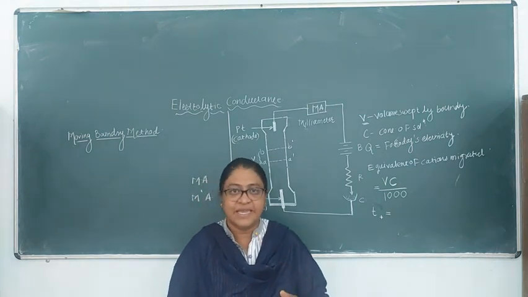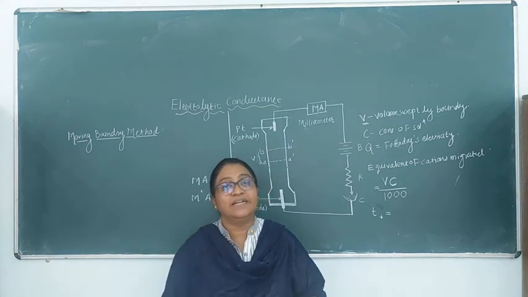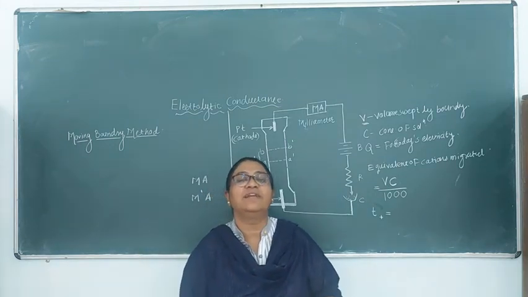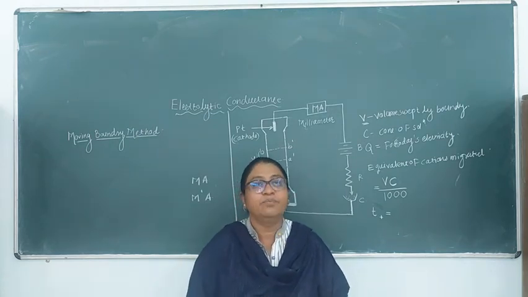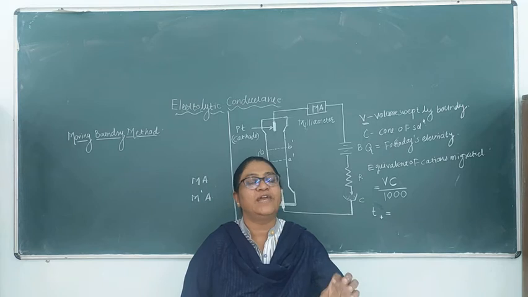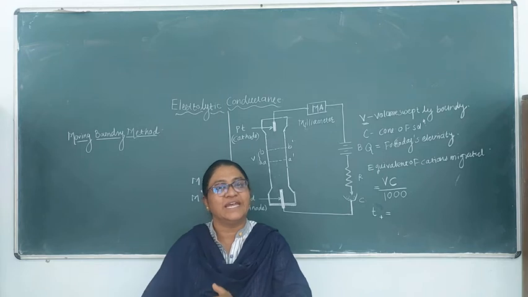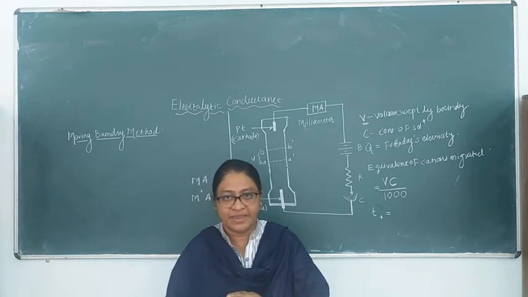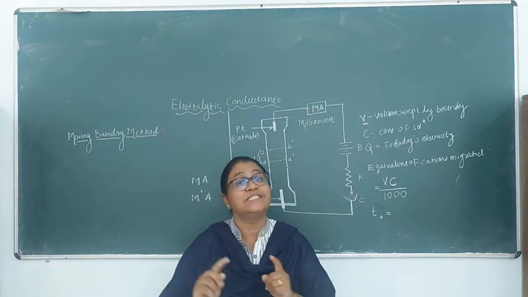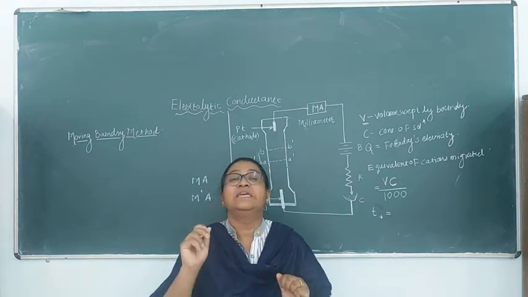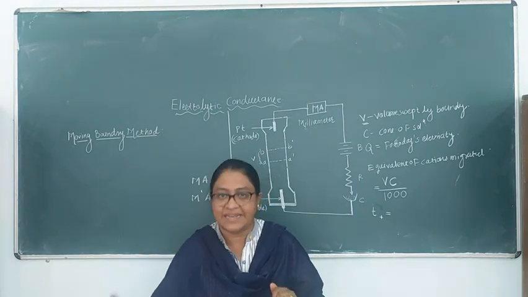T plus is the equivalence of cations migrated divided by the total equivalence of cations and anions migrated. That means the total Faraday of electricity is nothing but the total equivalence of the cations and anions migrated. The total anions and cations migrated is equal to the total Faradays of electricity passed through the circuit.